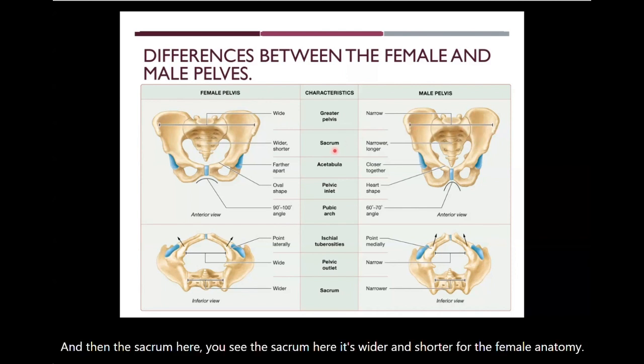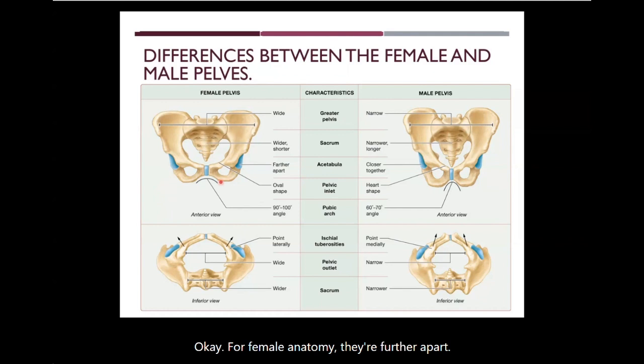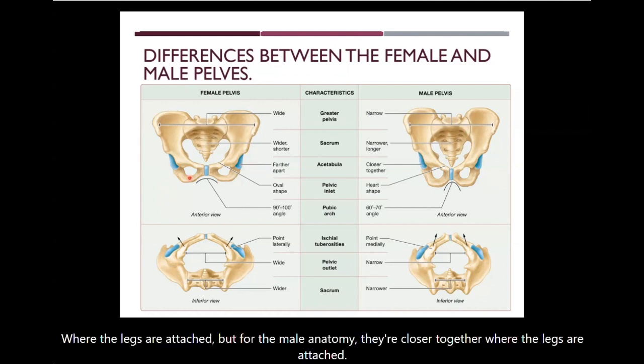And then the sacrum, here you see the sacrum, it's wider and shorter for the female anatomy, and narrower and longer for the male anatomy. The acetabulum, where the legs are attached, okay? For female anatomy, they're further apart. But for the male anatomy, they're closer together.